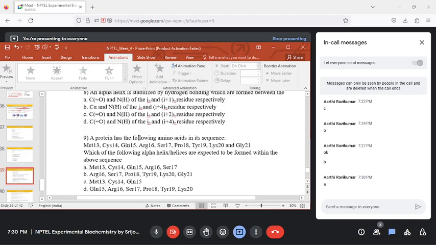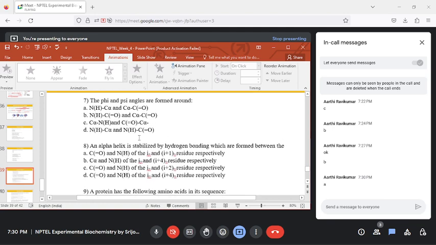Okay. Moving to the next set of questions. So the phi and the chi angles are formed around. Although I haven't spoken about the phi and the chi angles in this, let's check if you can answer that.